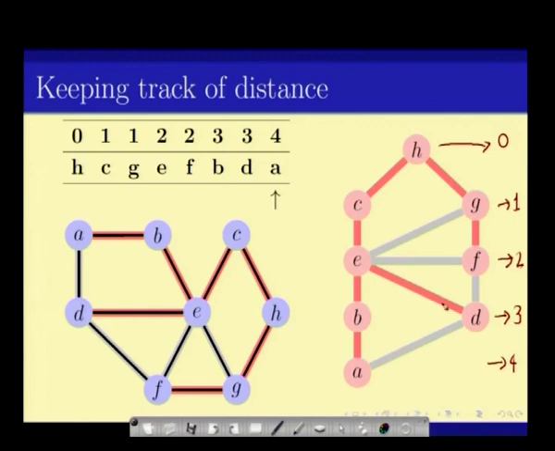The other important thing to note is that in this graph, if there is a cross edge which goes within the same layer, then I get a cycle of this form which is odd, whereas if I get an edge which goes to the next layer, I get an even cycle. So, in other words, by looking at the non-tree edges, we can deduce whether there is an odd cycle or an even cycle.